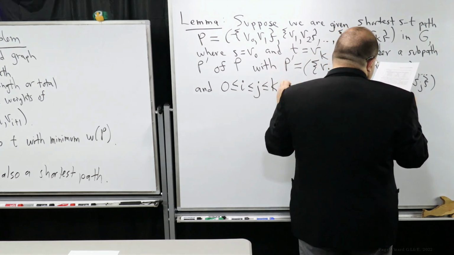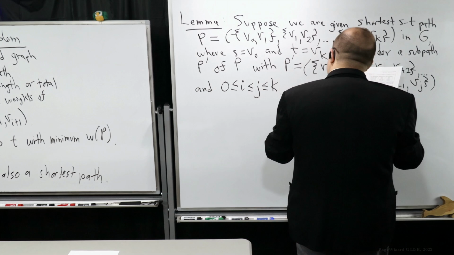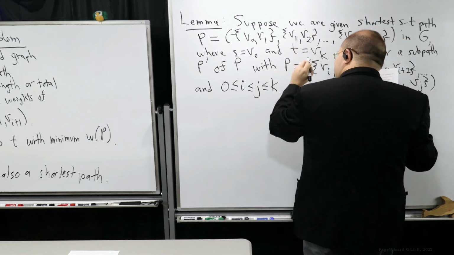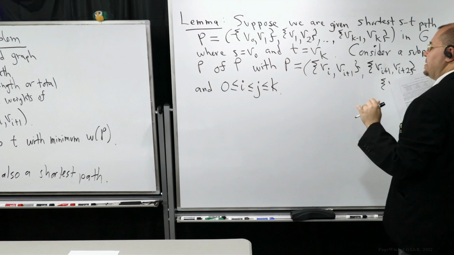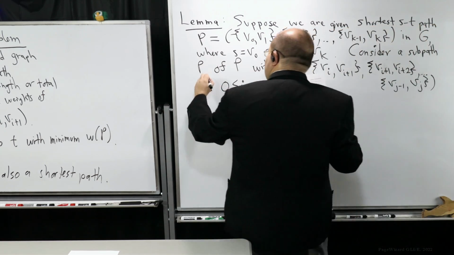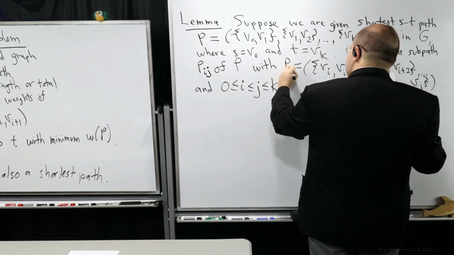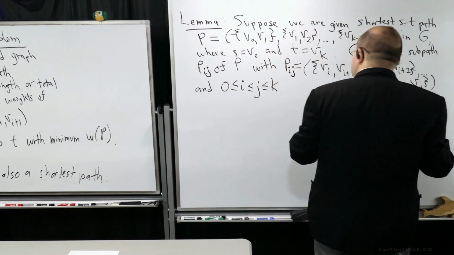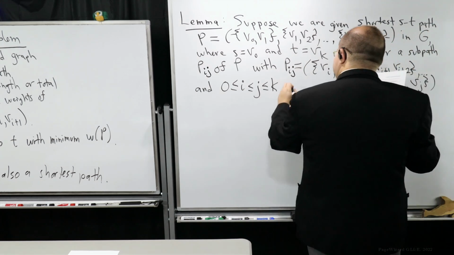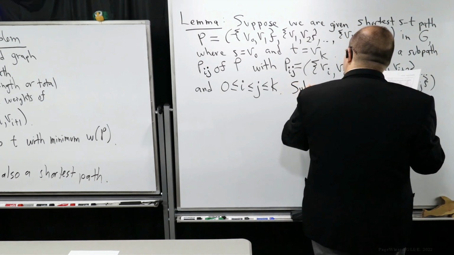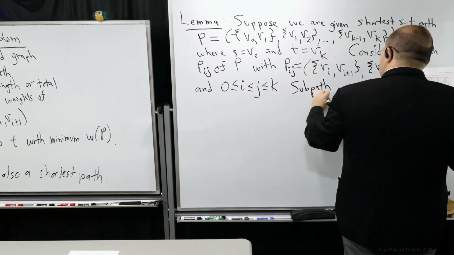Just to make this a little easier for us, I'm going to give this a different name. Instead of calling it P prime, I'm going to call it Pij, like this. I'm doing this deliberately, by the way. I really want you to understand that sometimes it's helpful to have special names for these variables.